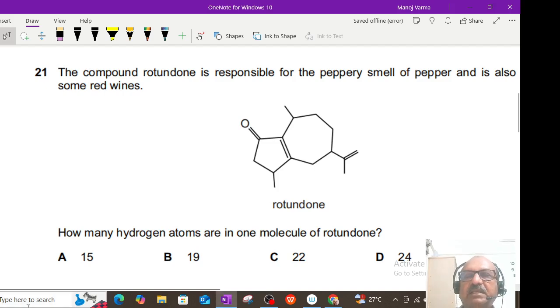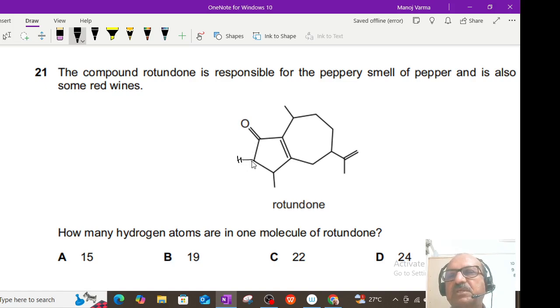So as I said, it is beneficial to sketch out the hydrogen atoms which are not visible. So when you see 2 bonds, that means there are 2 hydrogen atoms. Similarly here 1, 2, 3, so there is 1 hydrogen atom, and because this is a carbon, so there are 3 hydrogen atoms.